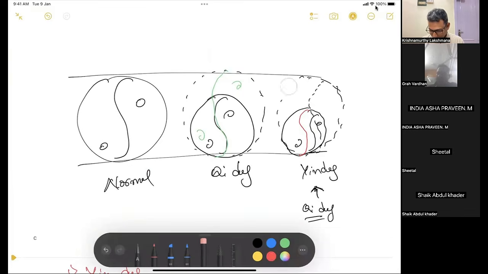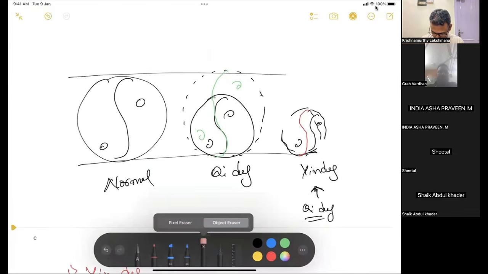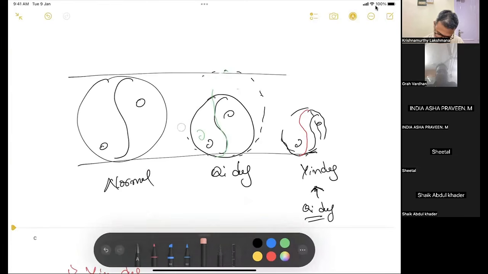Anybody who did not understand? So in this case, first we apply the Yin deficiency protocol and then the Qi deficiency protocol, right? Yes, sir. So even if there is a Yang deficiency, first we give the Yang deficiency protocol and then the Qi deficiency protocol.